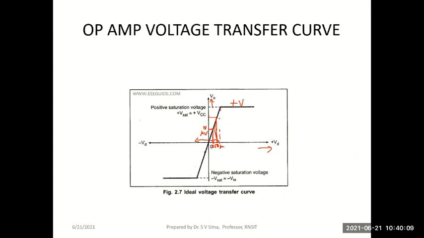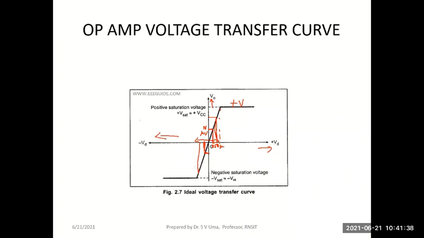Similarly, on the negative side, if I give a negative differential input, that is, V1 minus V2 is negative, just like the output voltage increases linearly in the positive direction of the differential input voltage, in the negative direction of differential input voltage, on this negative x-axis, you will also see the output voltage increasing linearly.